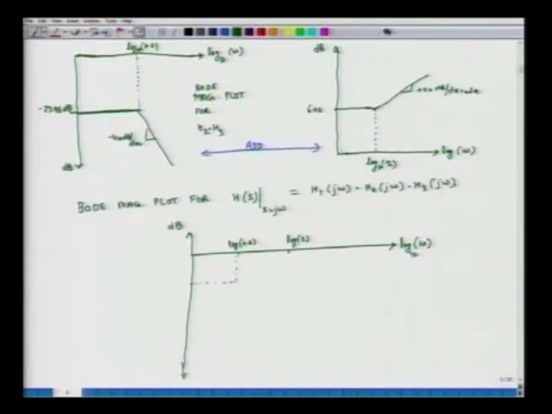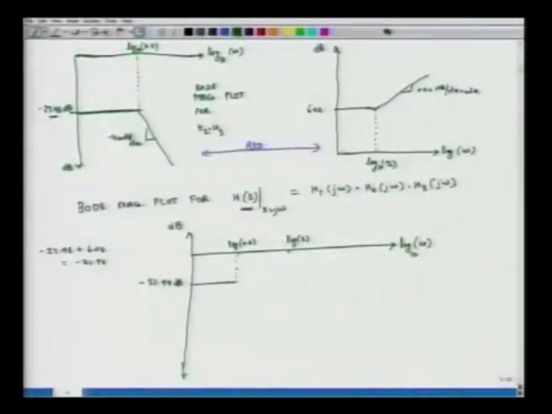So, my first segment of the line will be something like this, and this is minus 21.94. Now, how did I get this 21.94? Essentially, it is minus 27.96 plus 6.02 equals minus 21.94 decibels.